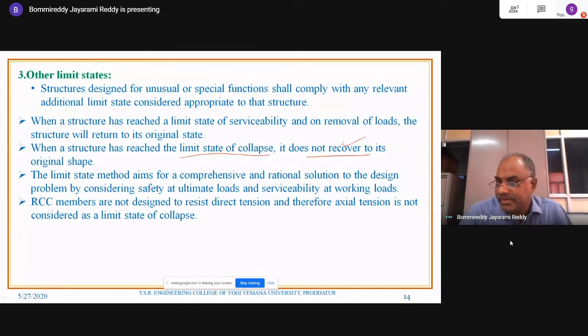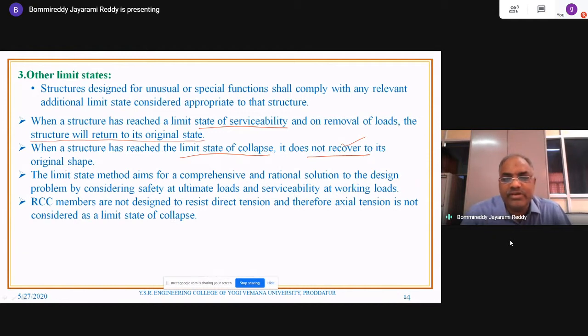Whereas when the structure reaches the limit state of serviceability, for example the maximum deflection specified in the code, then on removal of the load, the structure will recover to its original shape.